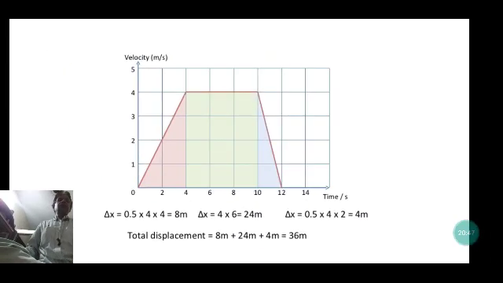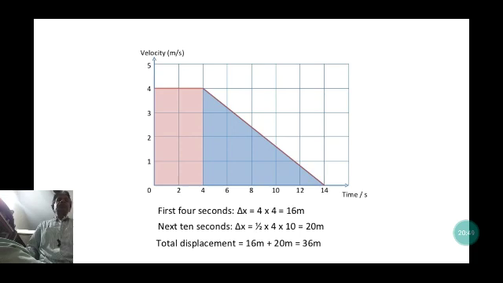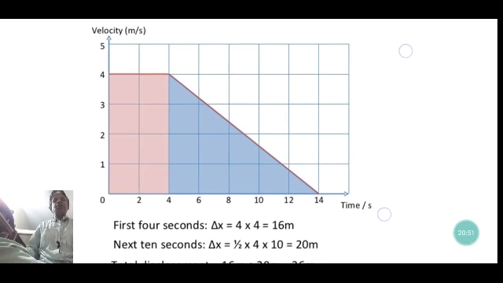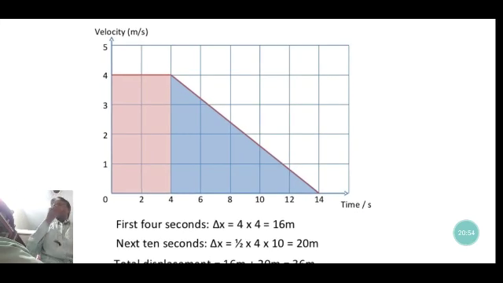Now, the next slide also shows how we can find the displacement covered by a moving object. It is also a velocity-time graph. Look here.